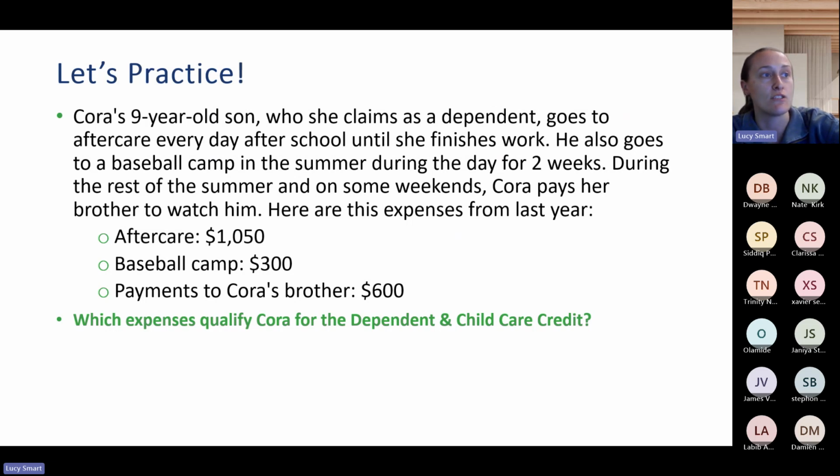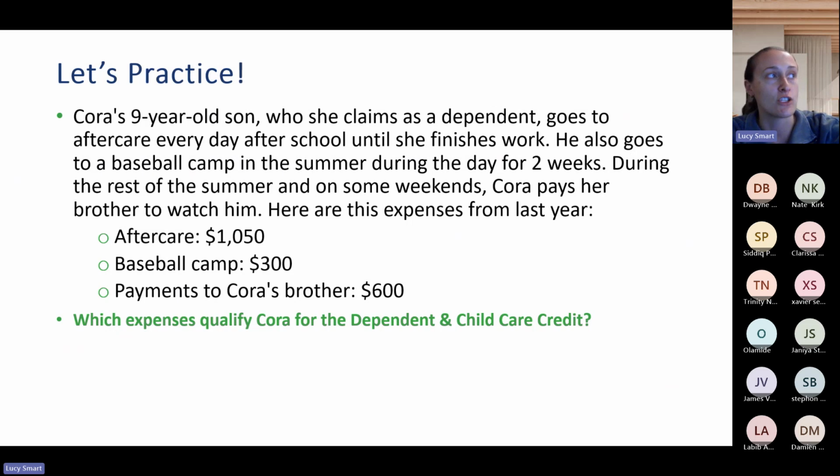Here are these expenses from last year. Aftercare was $1,050. Baseball camp was $300. And the payments for babysitting to her brother were $600. So which of these 3 expenses qualify Cora for the dependent and child care credit?